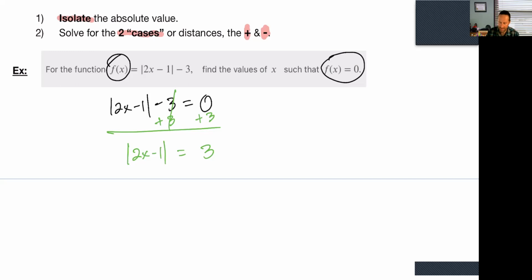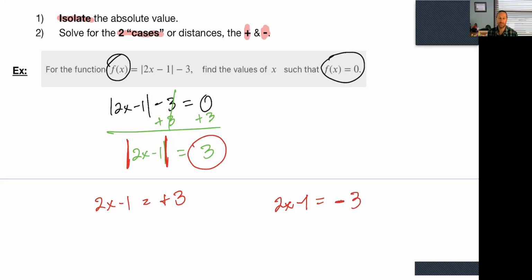Take whatever's inside of there, happens to be a 2x minus 1, and set it equal to the positive case of the distance that we are trying to achieve from 0, and set it equal to the negative case. Now you got two equations that you should know how to solve. These are called linear equations. We've been doing this for a very long time, and you're done.